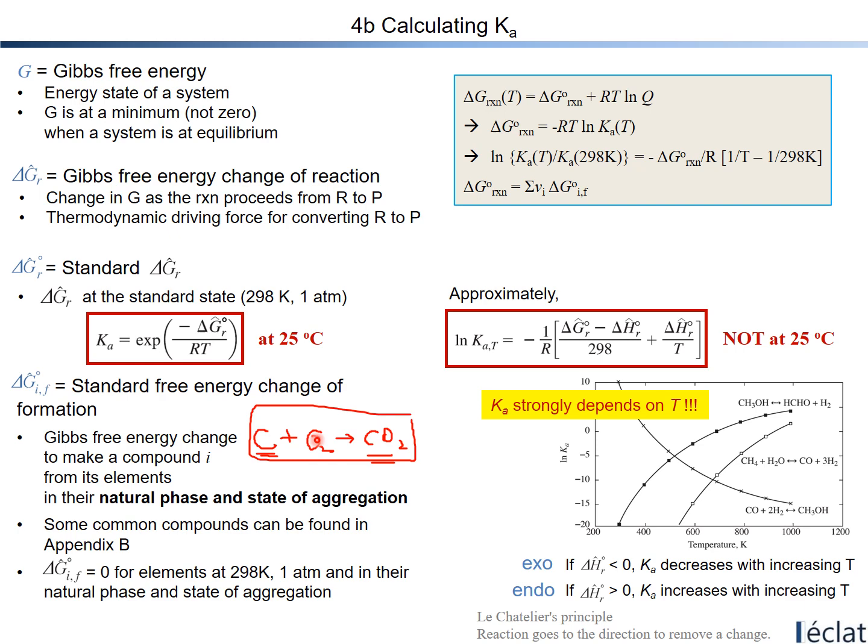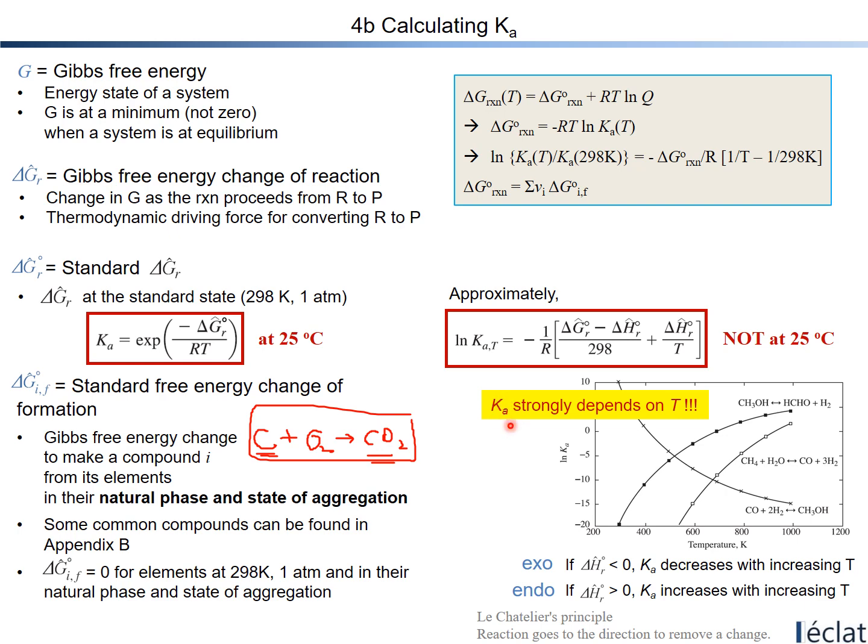How about O2? O2 is the oxygen form in the natural phase. So the formation energy of carbon is 0, and the formation energy of oxygen is 0. Then one more comment here.